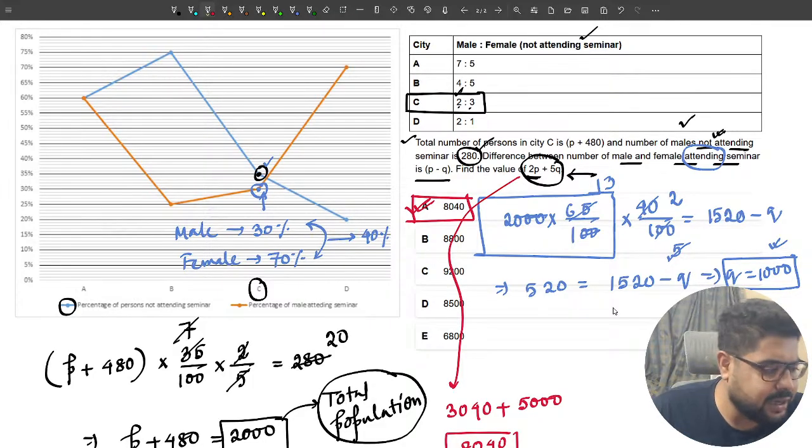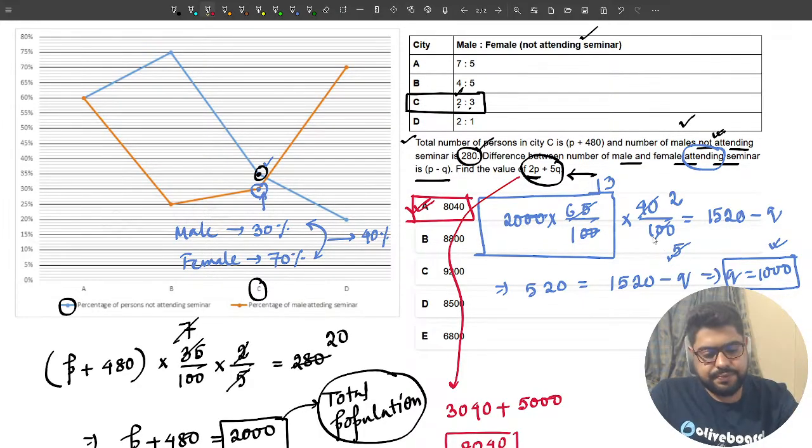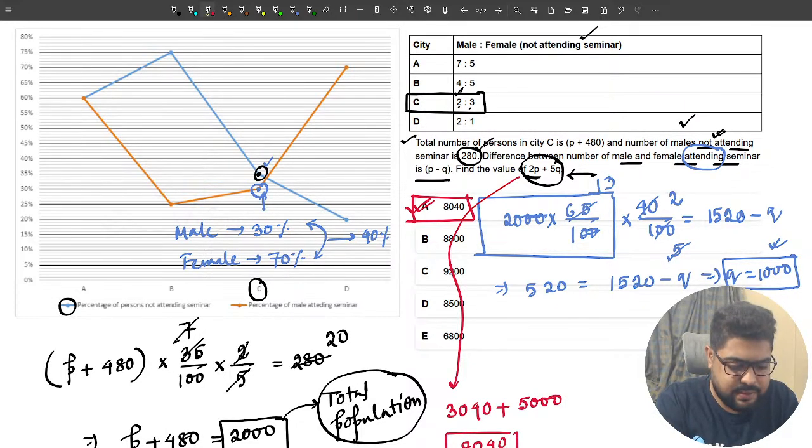At least comment, na? So many people are here. At least comment, somebody. Because I cannot see all these things together. Sorry. Extremely sorry.